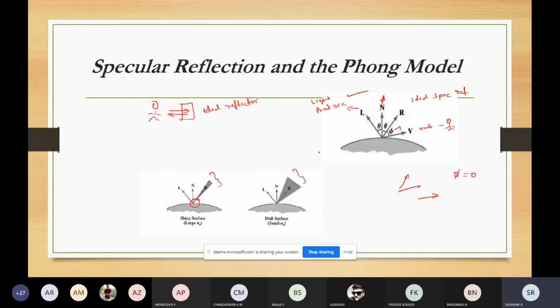For the mirror case, the angle between R and V will be 0.